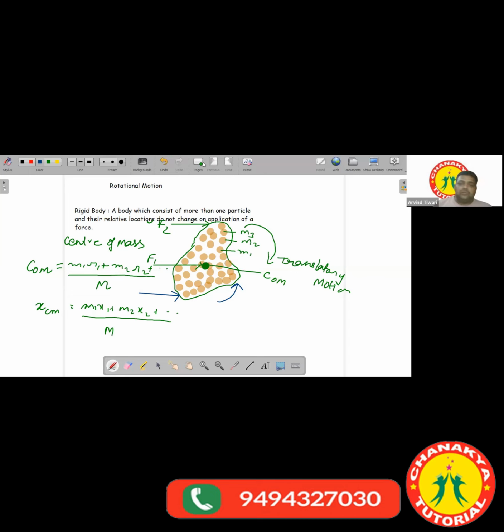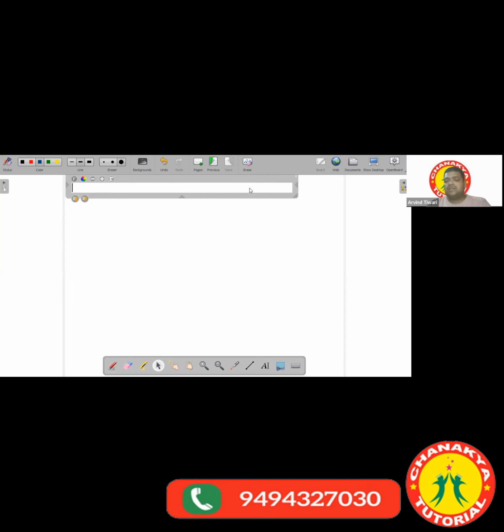Now we come to the rotational force. As we know, depending on the point of application, we can create the rotational effect, and to create the rotational effect you have the rotational force. We call this rotational force torque.